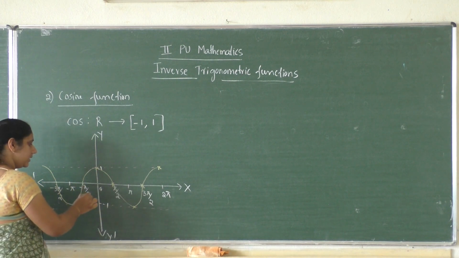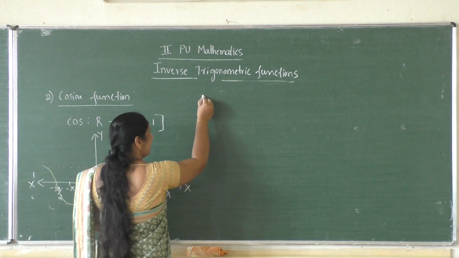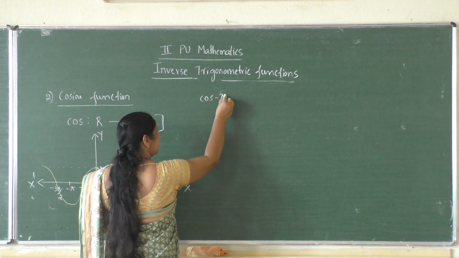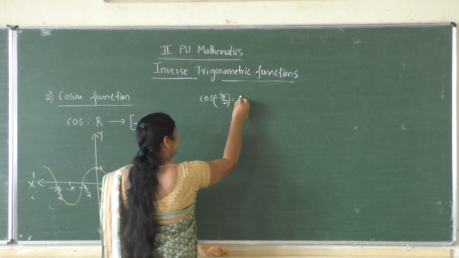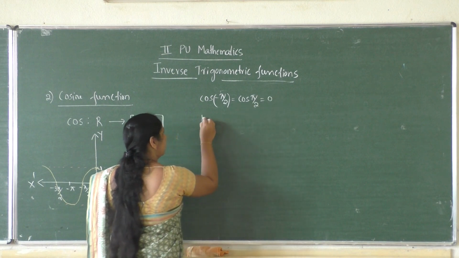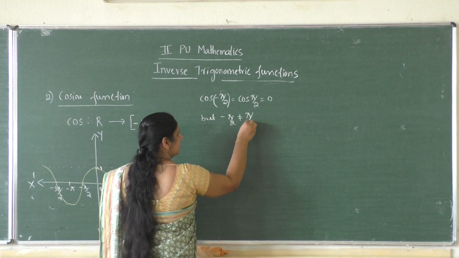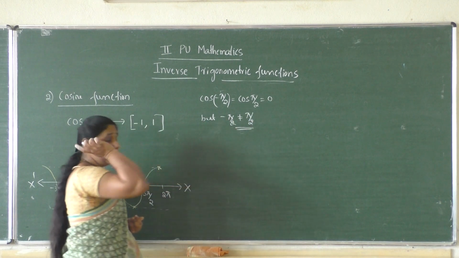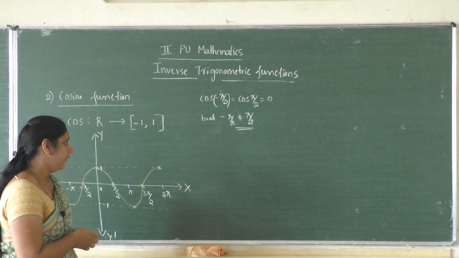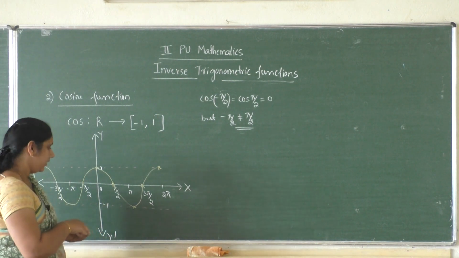But -pi by 2 is not equal to pi by 2, right? So it is not one-one, and the function will be disqualified. So the inverse of the cos function cannot be defined, right?